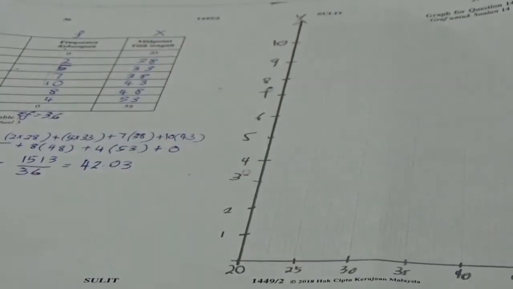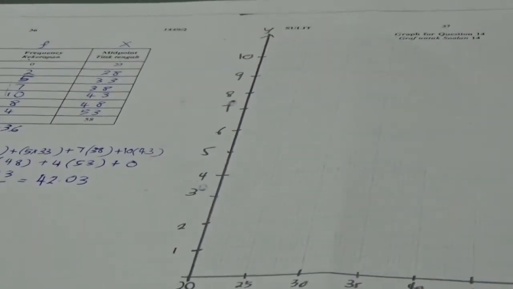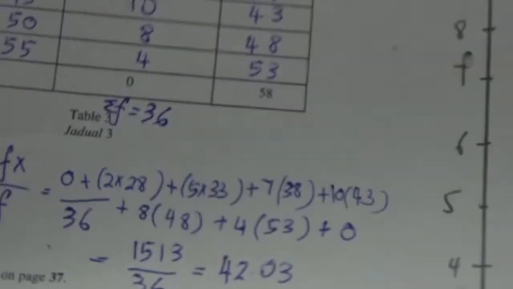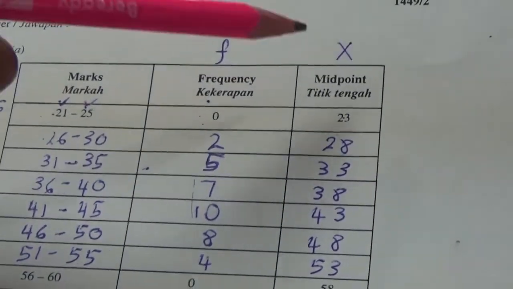So your x-axis will start from 20 to 60 and your y-axis would start from 1 to 10. Now go back to your table. Which point are you going to take for the x-axis? It would be the midpoint.